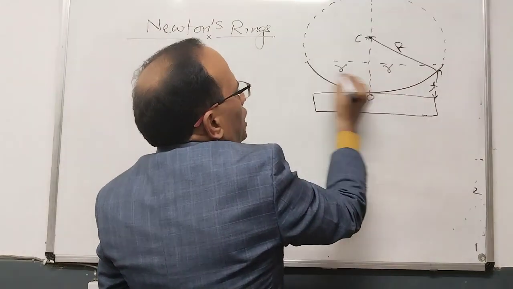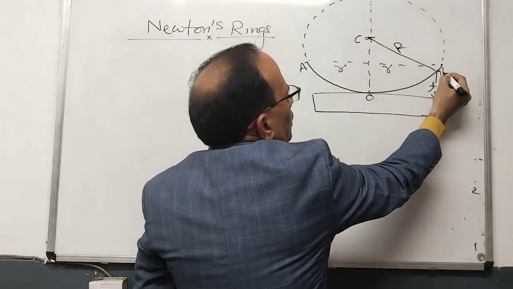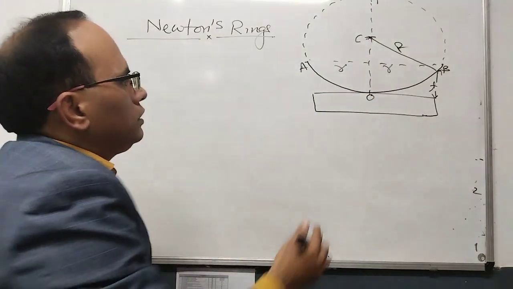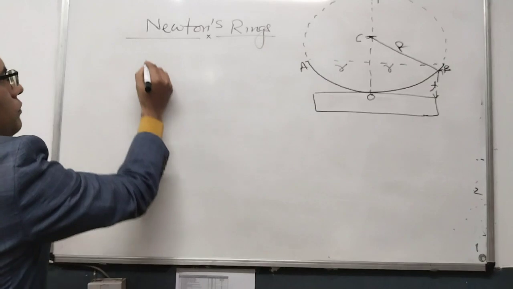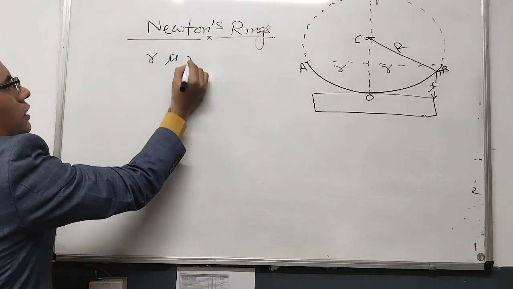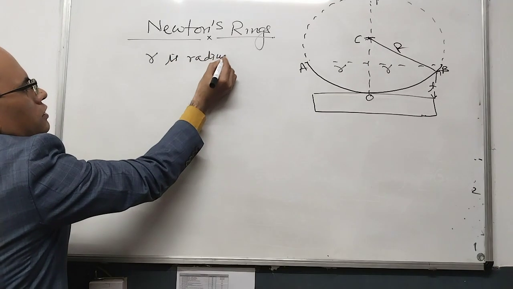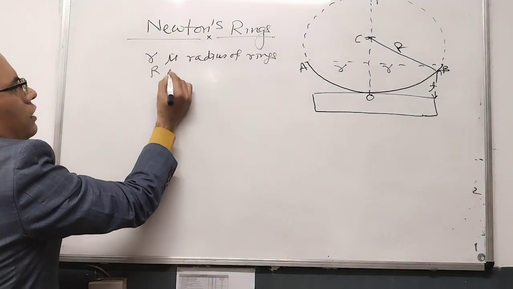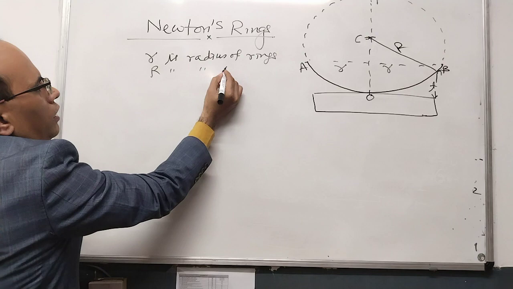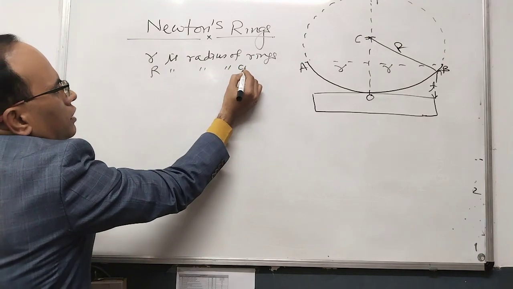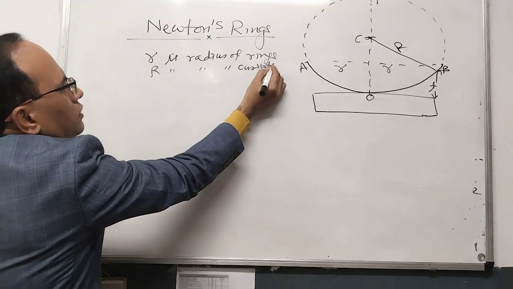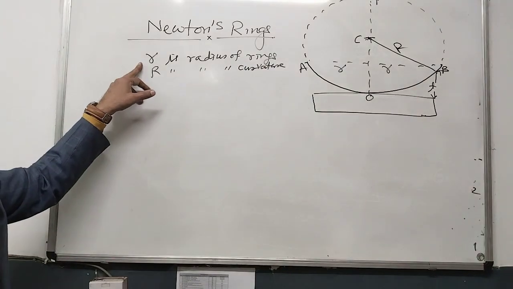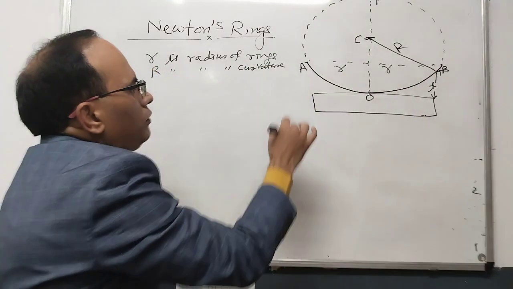You can put the names A and B and let us say P. Small r is the radius of the rings which are formed. Capital R is the radius of curvature of the lens. So they are different, because small r is the radius of the rings that are formed.